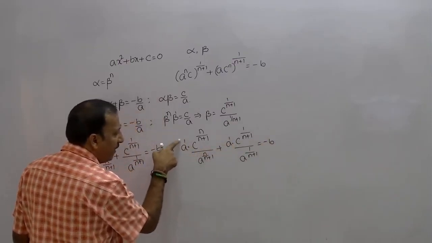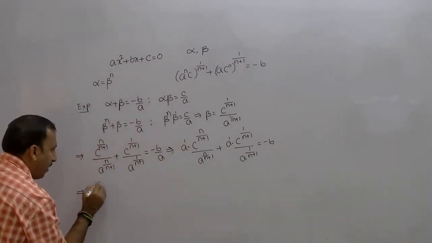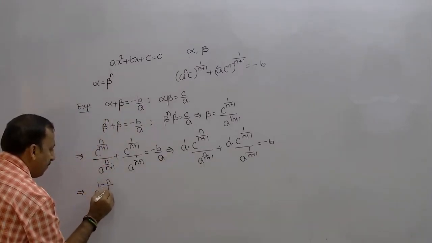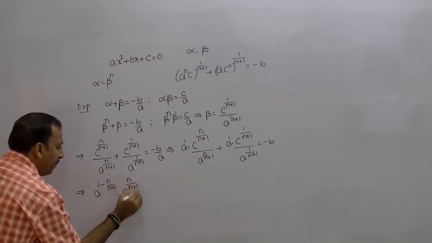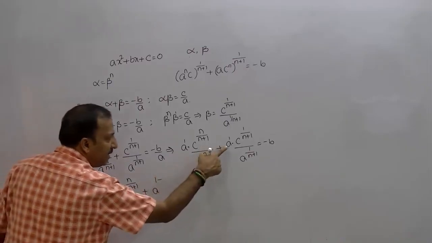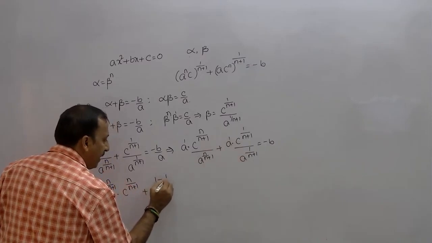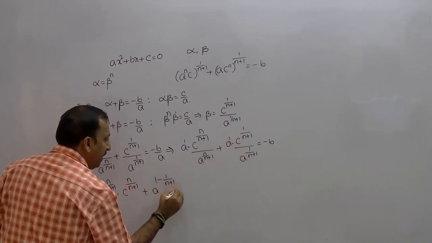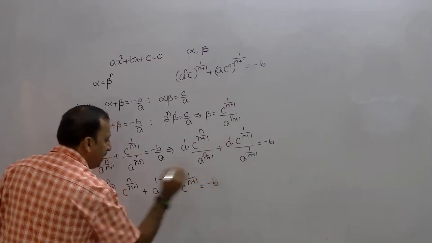Here a power is 1. It is in the form of a power m by a power n. So we will get a to the power of 1 minus n by n plus 1 into c to the power of n by n plus 1 plus a to the power of 1 minus 1 by n plus 1 into c power 1 by n plus 1 is equal to minus b.